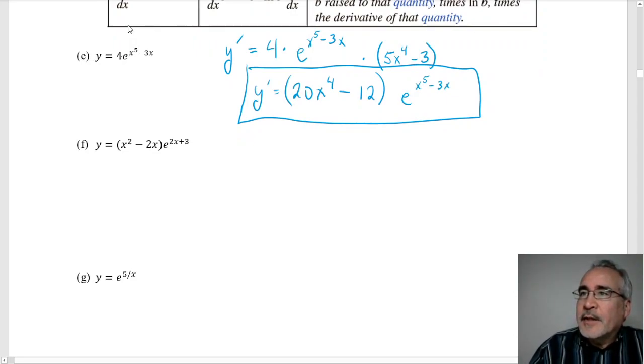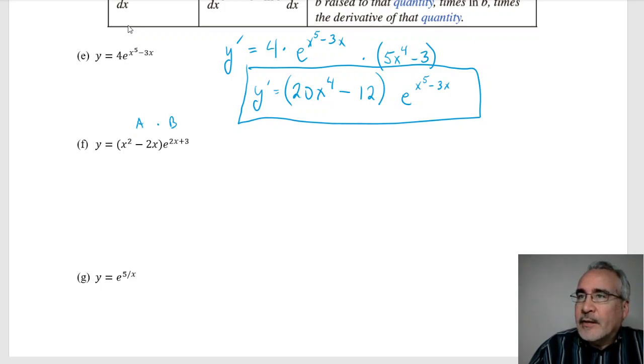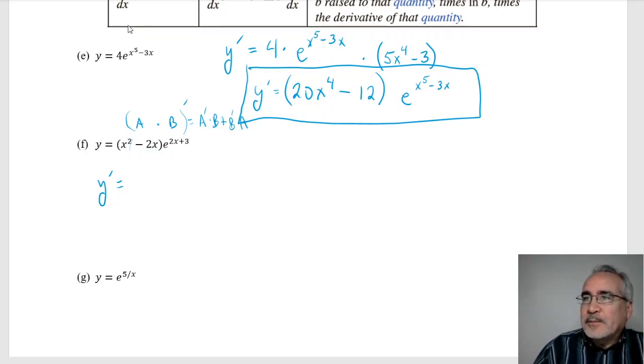When we go to take this derivative, think of this part as A, this part as B. By the product rule, you get the derivative of A times B plus the derivative of B times A. The derivative of A is going to be 2x minus 2, times the B part with nothing done to it.